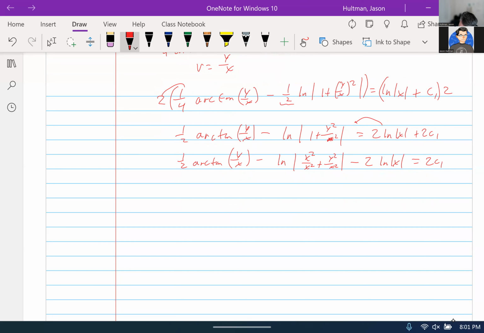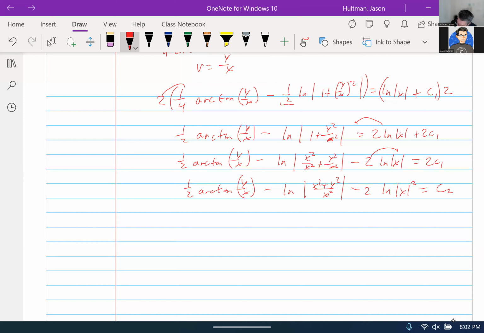So now we have 1/2 arctangent of y over x minus the natural log of x squared plus y squared over x squared, minus, and I'm going to make this 2 be the exponent. So we've got 2 times the natural log of the absolute value of x squared is equal to, I'll call that c2, where 2c1 is equal to c2.